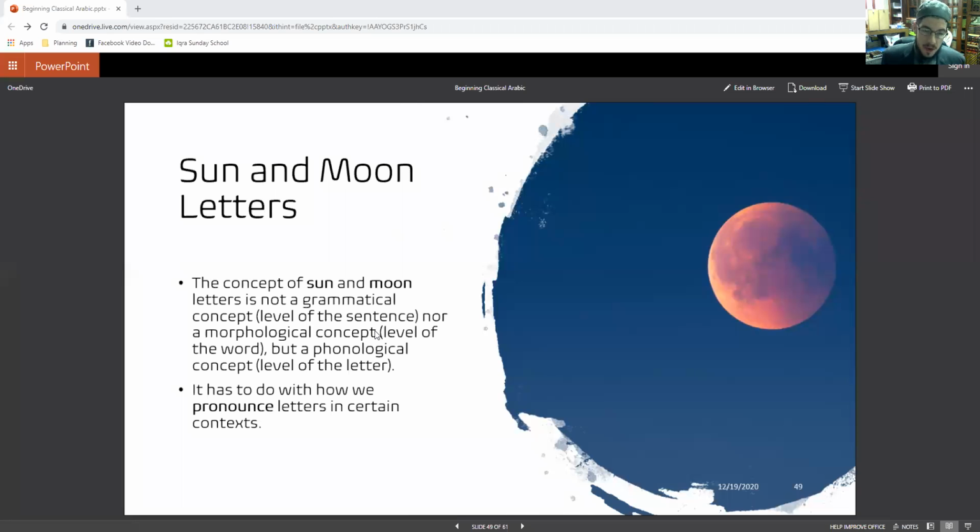And then there's the third level, things that we study or learn at the level of the actual individual letters themselves. How do we pronounce this letter? Is this letter pronounced the same everywhere in a word, or is it pronounced differently? In English, we're very familiar with this because English pronunciation is extremely, maybe we'll call it unstable.